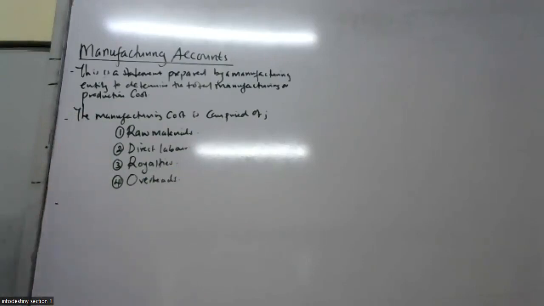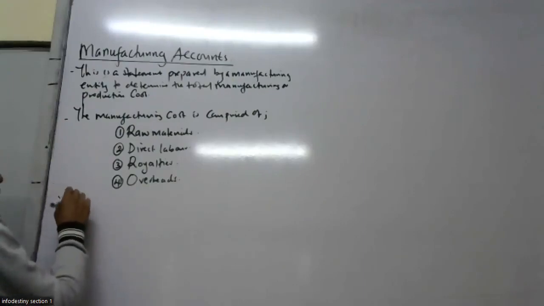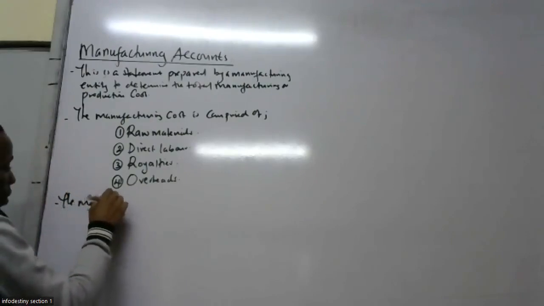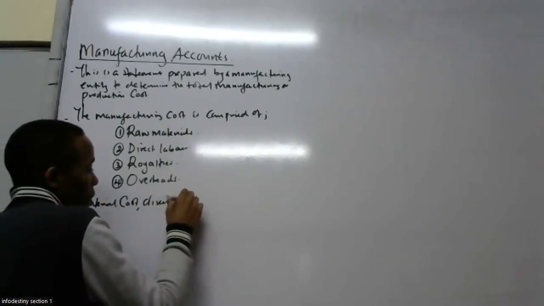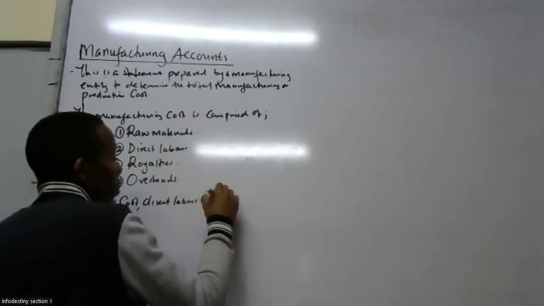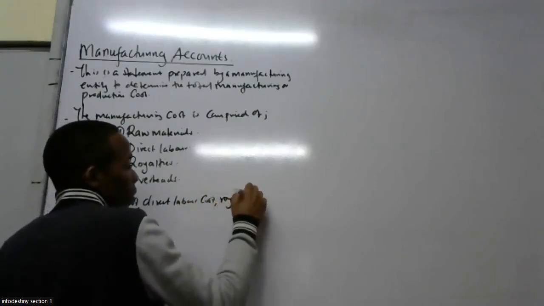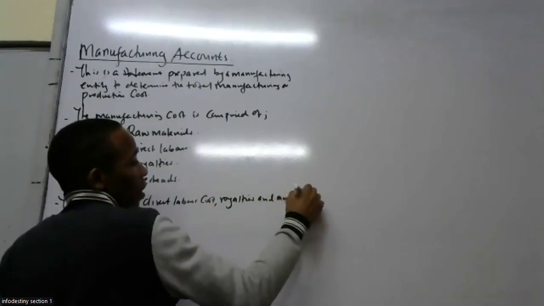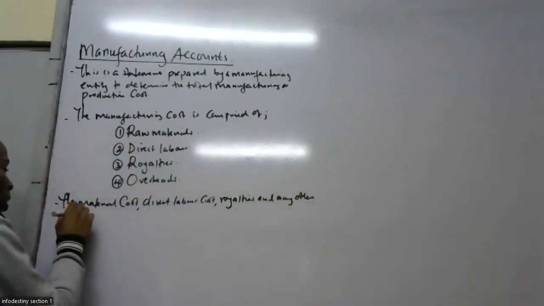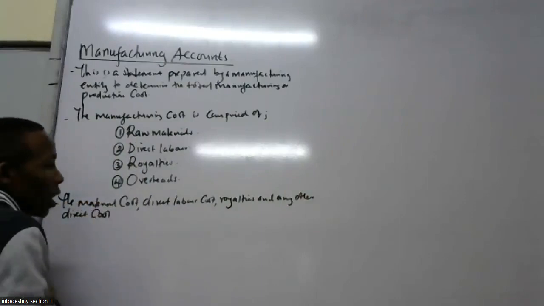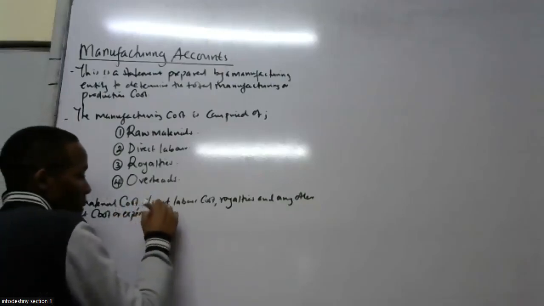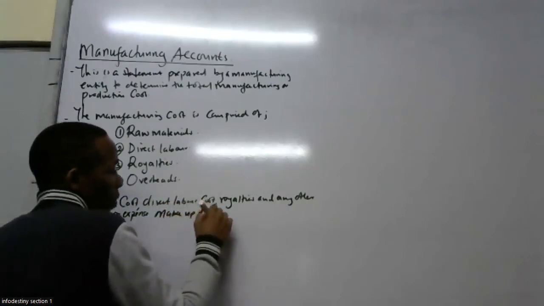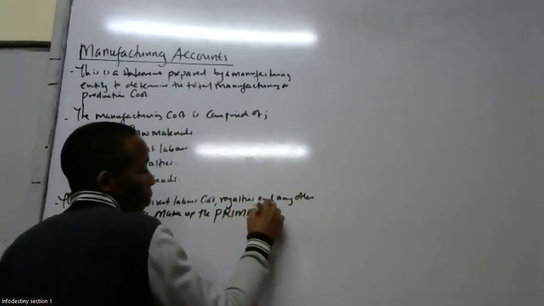So another point we can write and say that the material cost, the direct labor cost, royalties, and any other direct cost or expense make up the prime cost.